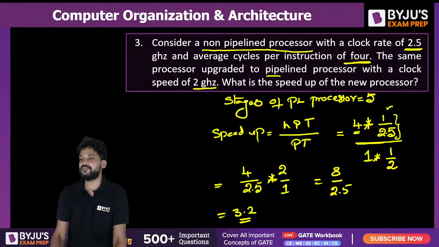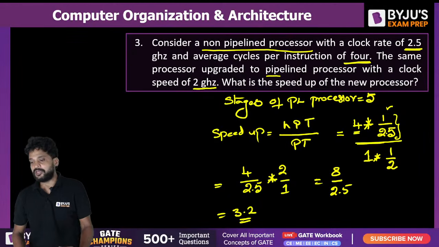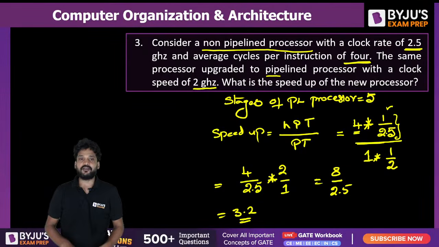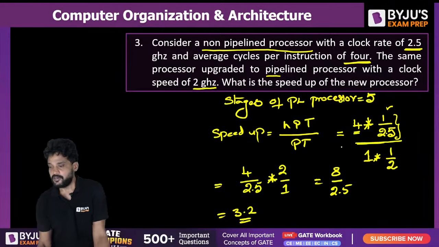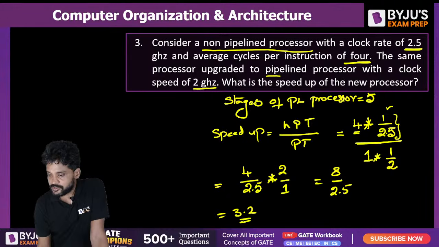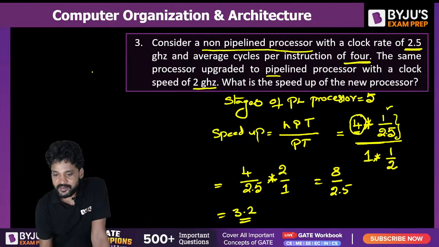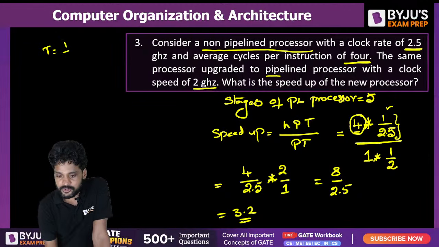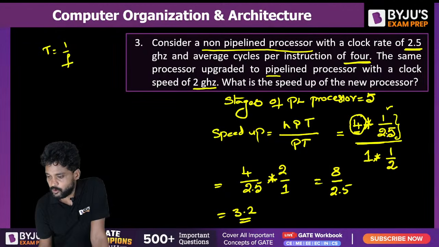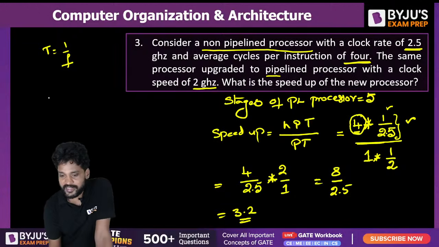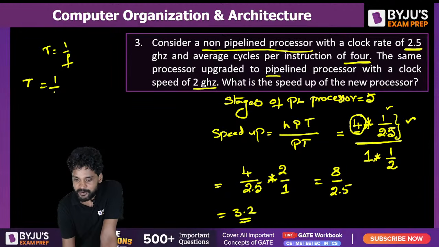Now here, understand carefully how I came to the conclusion that it is 8 by 2.5. There are a few factors that we need to understand. 4 into 1 by 2.5 is the number of clock cycles per instruction, right? And what is a clock cycle? 1 clock cycle is 1 by 2.5 gigahertz, right? T is equal to 1 by F. Time is equal to 1 by frequency.